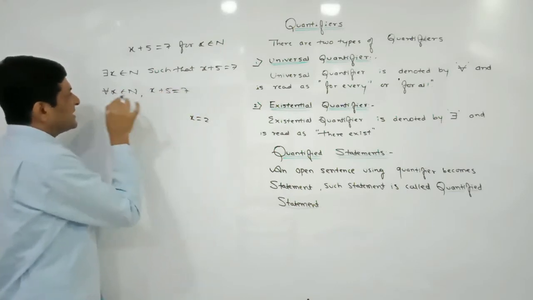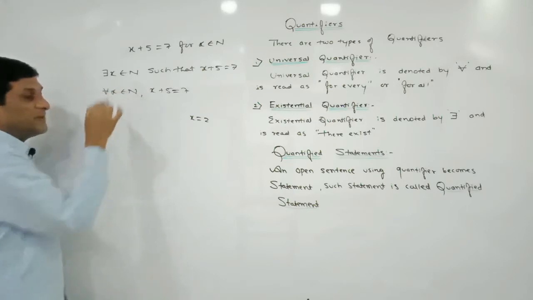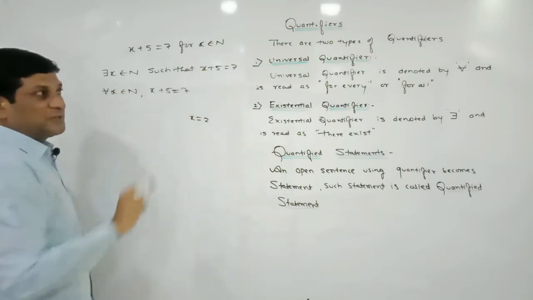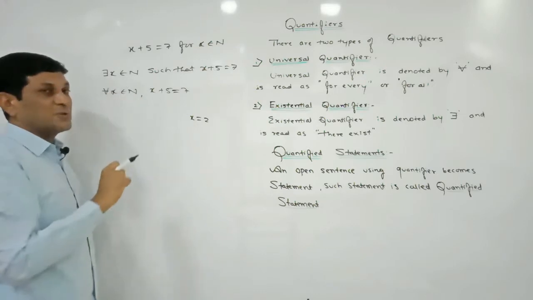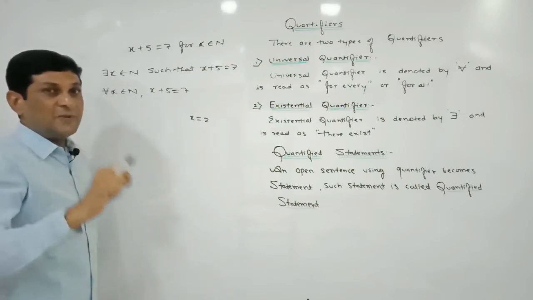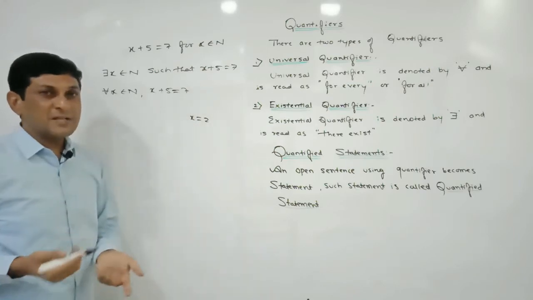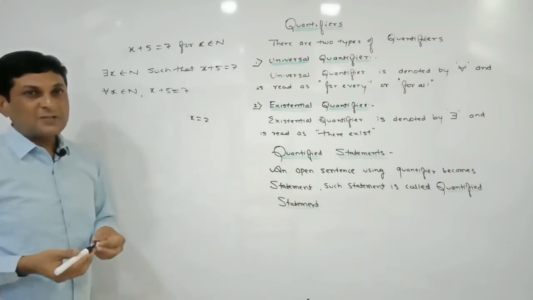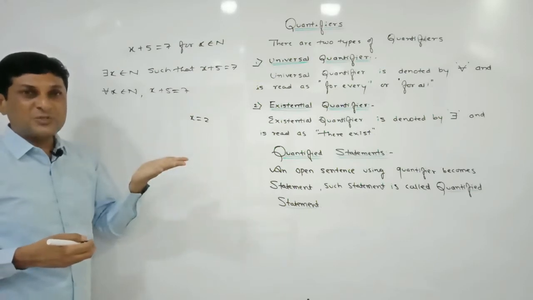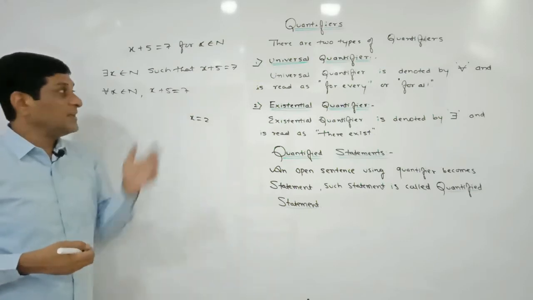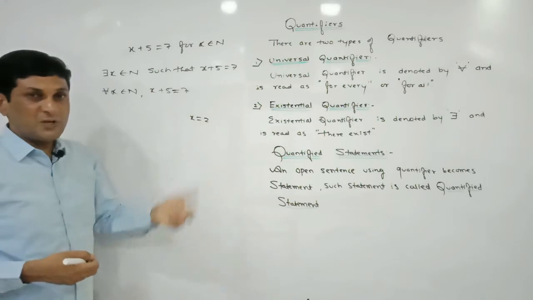Now if I use: for every x belongs to N, x plus 5 is equal to 7. The second quantifier is the universal quantifier, read as for every. So for every natural number this condition would have to be satisfied. Definitely not. For 1 it is not true; for some natural number it is true, but for every natural number x plus 5 equal to 7 is not possible.